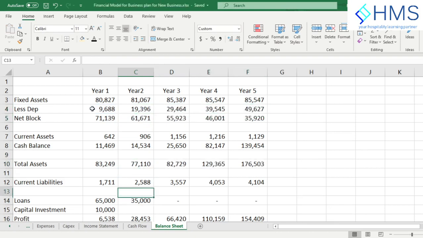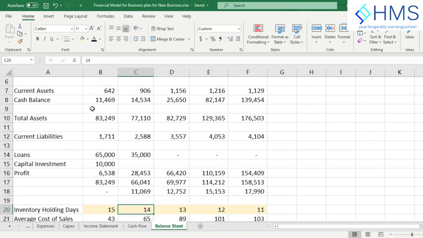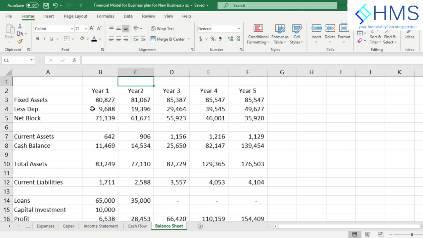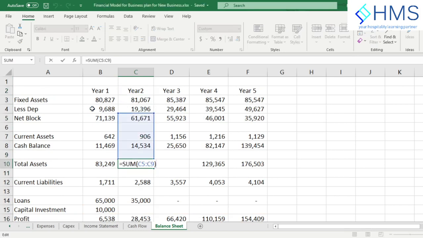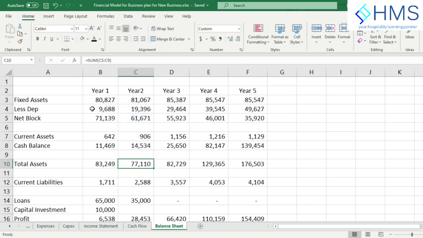So the net value is going to be different, and the current liabilities should also be only the change. Let's see how we are going to fix it. So we have to fix it. Let me show you in the next video once I have fixed it, and I will tell you the mistake.